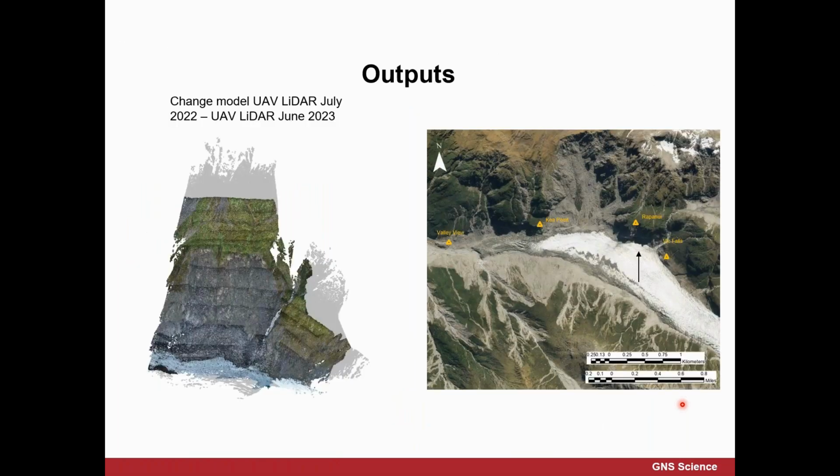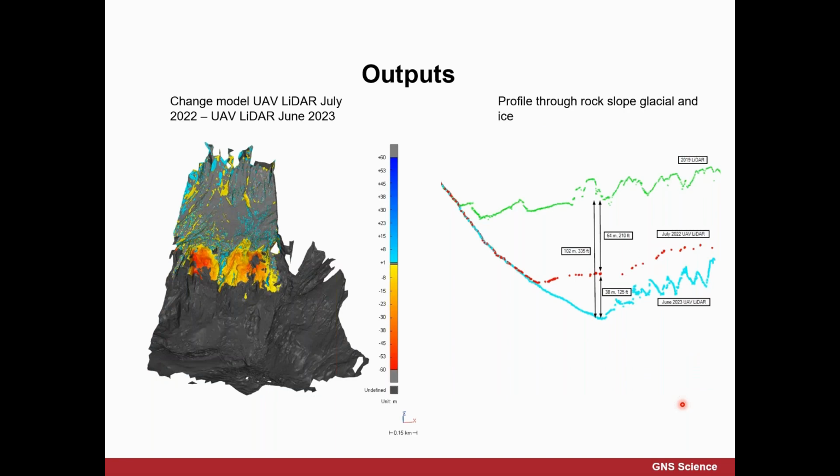Now, if we're looking at the outputs, we're looking into the slope now. So that's the point cloud, and this is a change model between 2022 and 2023. This is made in Cyclone 3DR. It's not the best change model because our data from 2022 is not very good on the cliff slope.